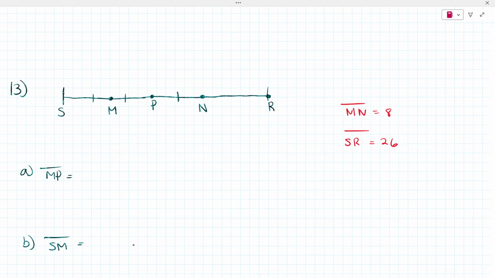And they also said that line segment SM is congruent to line segment MP, which is also equal to line segment PN. Okay, so part A, what is the distance from MP? So the distance from MN is 8.